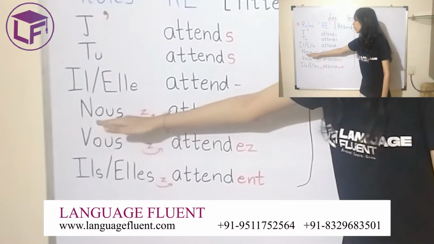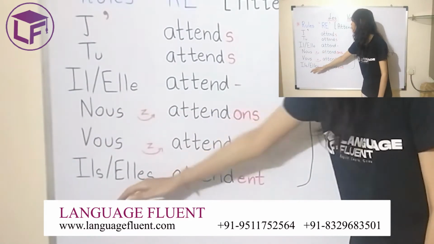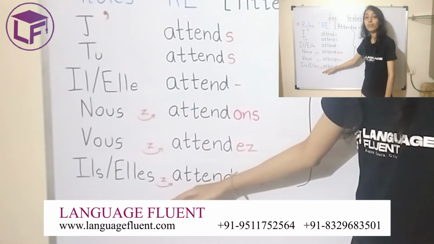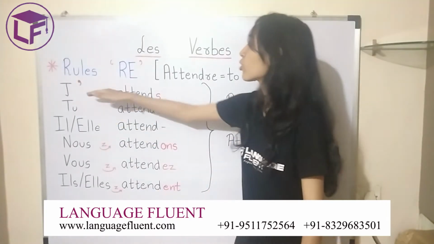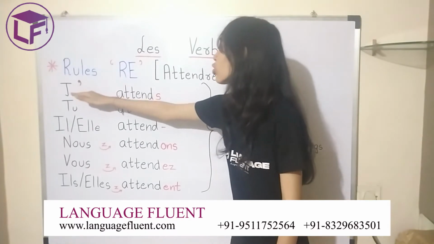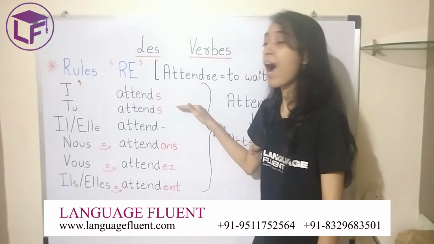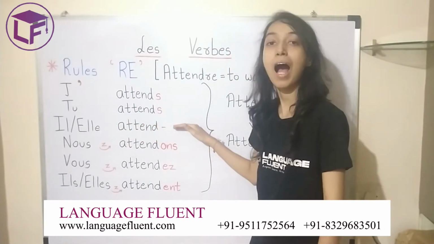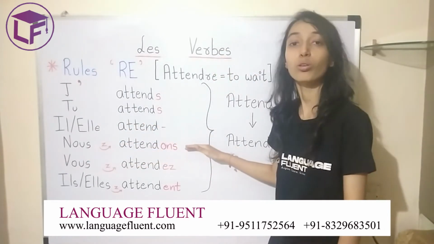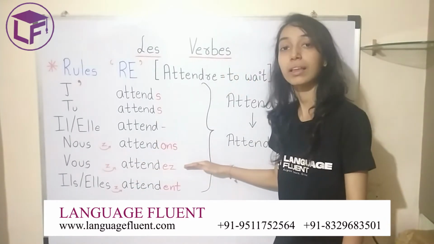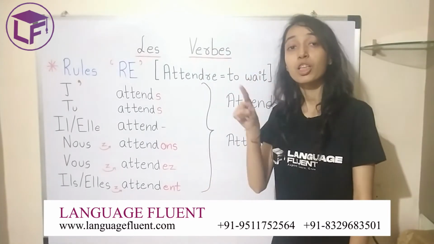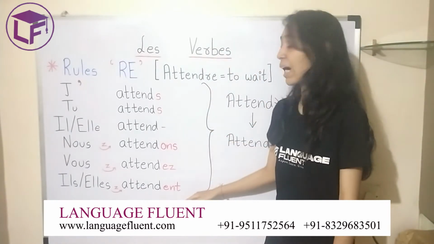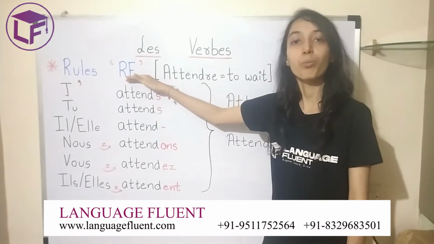And in the nous, vous and ils, elles forms, when the verb starts with a vowel, we have liaison. Liaison means the sound Z. So the pronunciations are j'attends, tu attends, il, elle attend, nous attendons, vous attendez, ils attendent, elles attendent. The sound Z. So these are the endings for regular RE group of verbs.